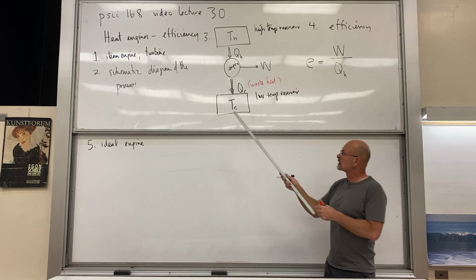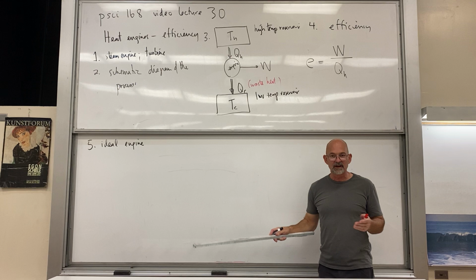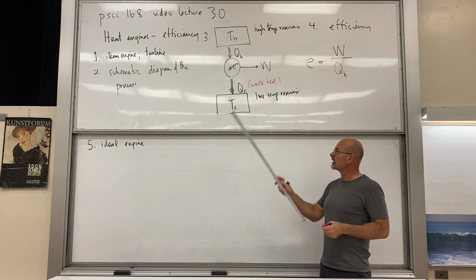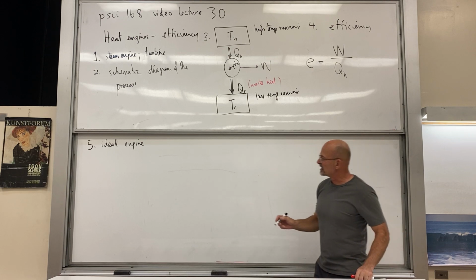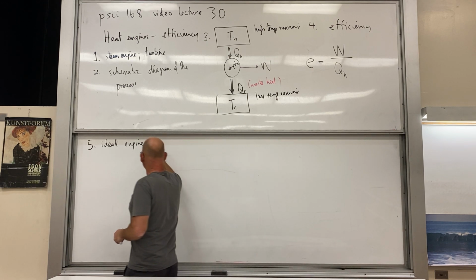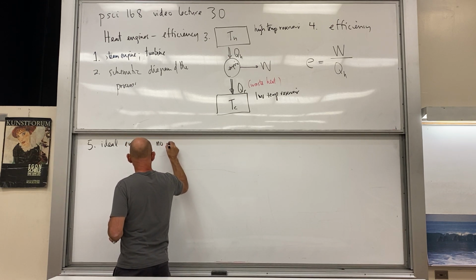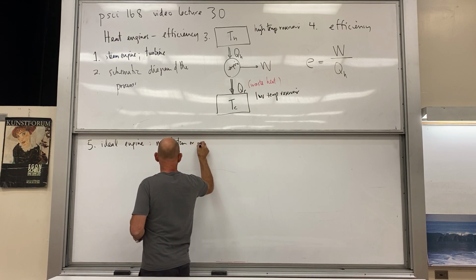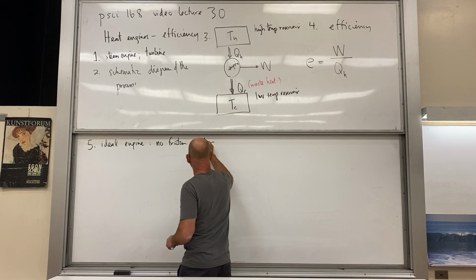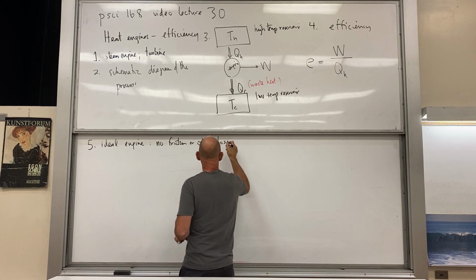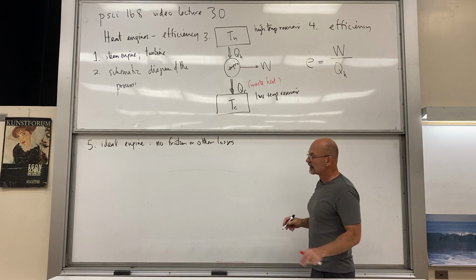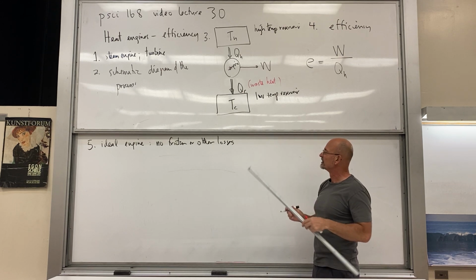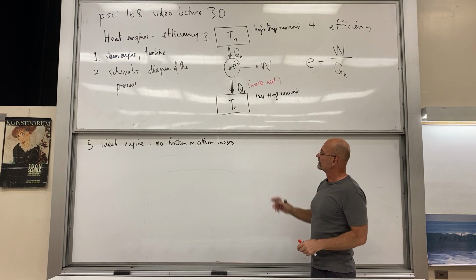So there isn't some extra energy being lost to friction, or some extra energy just being radiated off. So it's the ideal engine. I'll just write: no friction and no other losses. Because remember, the waste heat is a necessary part of it. It's just the exhaust. Or it should be the exhaust.